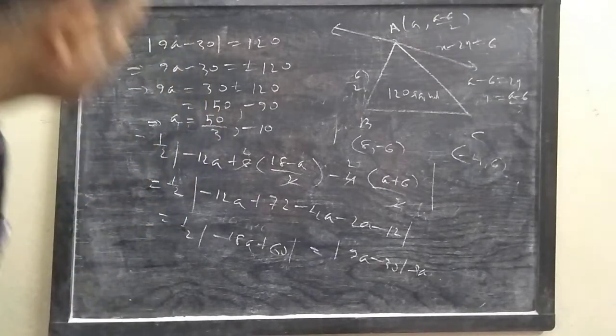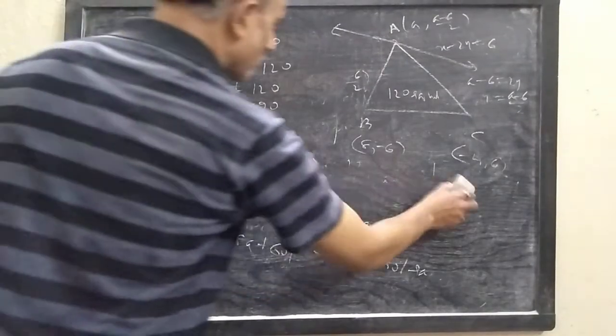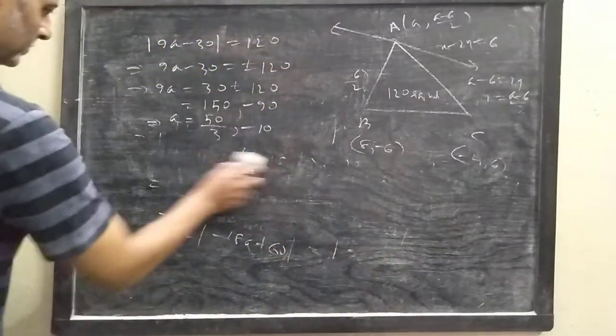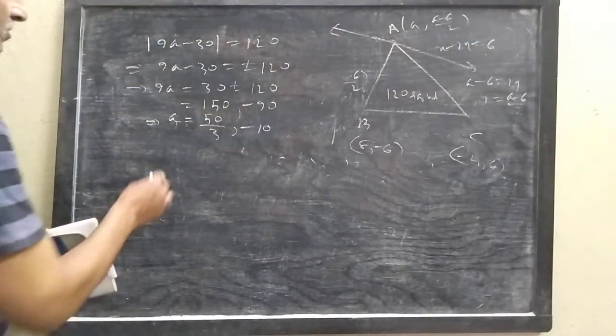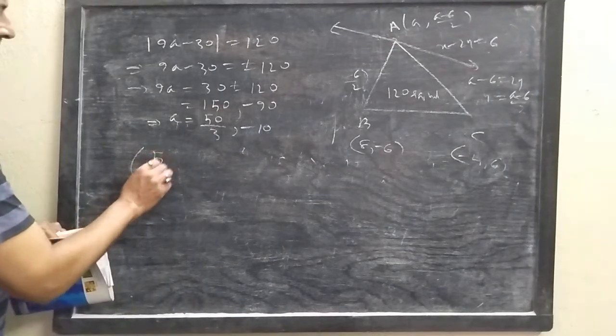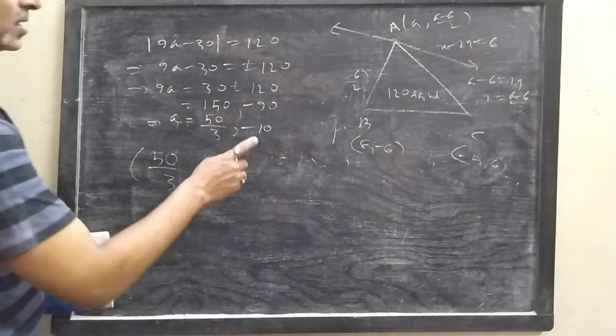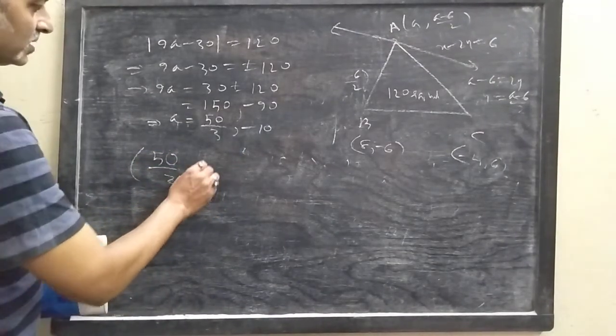So you get two values of a, 50 by 3 and minus 10. And from this we can find the coordinates of the third vertex. When a is 50 by 3, this will be (50 by 3, half of 50 by 3 minus 6), that is (50 by 3, 16 by 3).